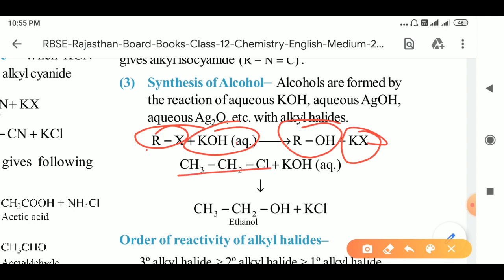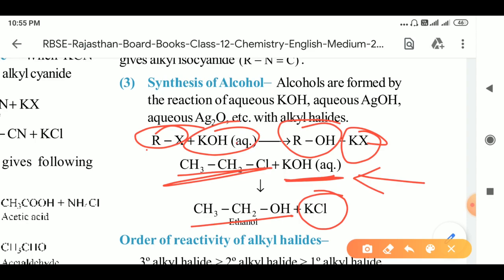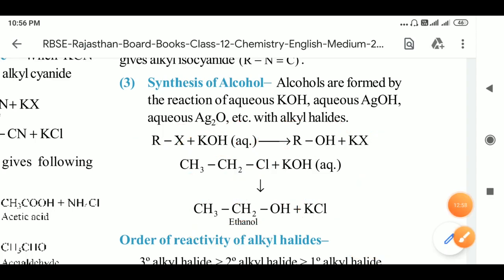Just like CH3CH2Cl reacts with KOH, it gives CH3CH2OH and KCl is removed. Listen, that is aqueous KOH; the different one is alcoholic KOH. Here it is only aqueous KOH. So when aqueous KOH reacts with ethyl chloride, it gives ethyl alcohol and KCl is removed.